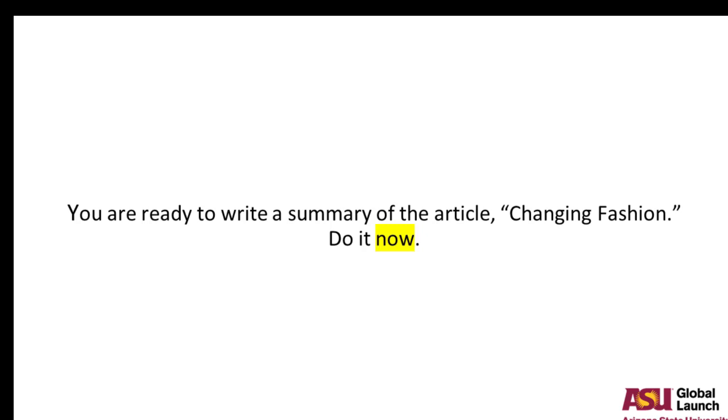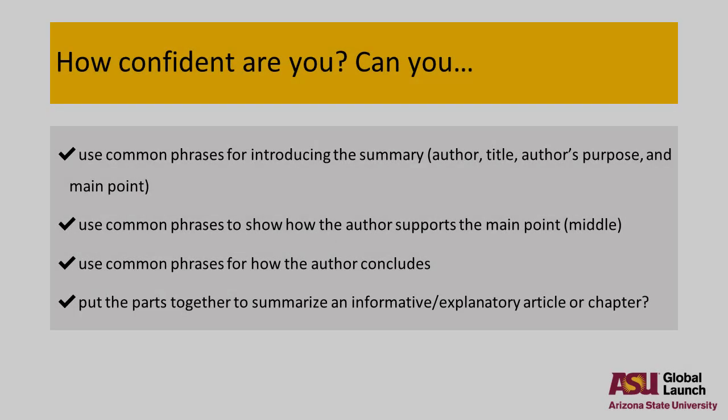You are ready to write a summary of the article Changing Fashion. You should feel confident in your ability to do that. Return to the examples in this lesson if you need support. Make an appointment with the Writing Center if you don't feel confident.